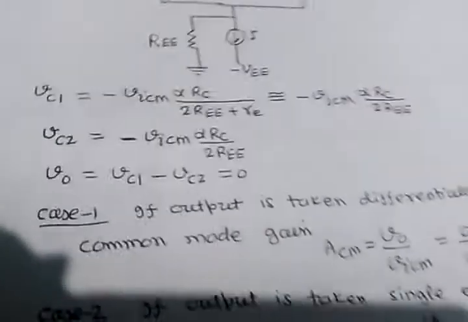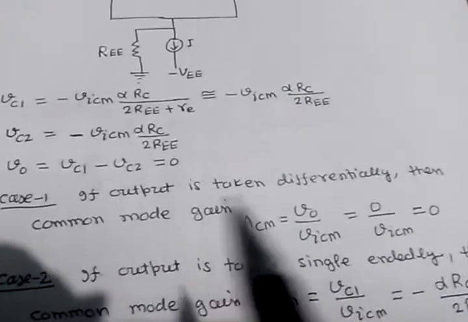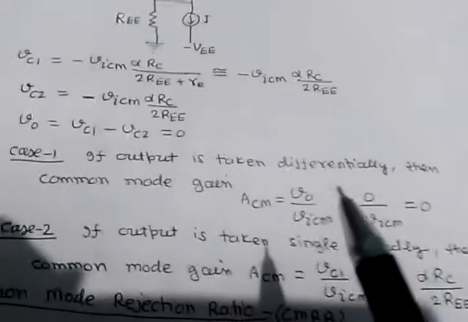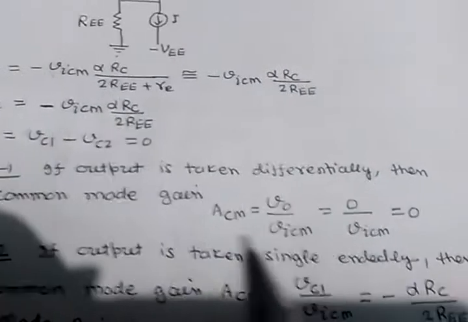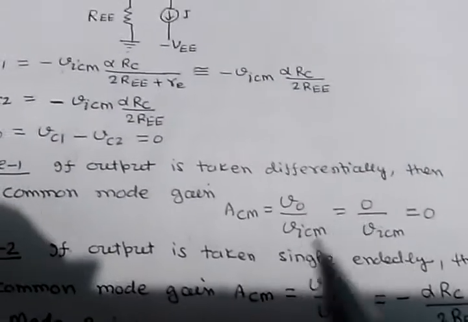The common mode gain is also taken in two ways. First case, the output is taken differentially. In this case, common mode gain will be ACM equals VO upon VICM.